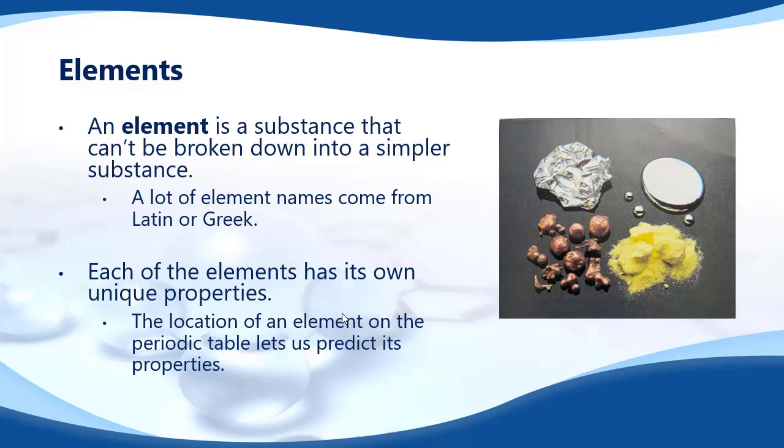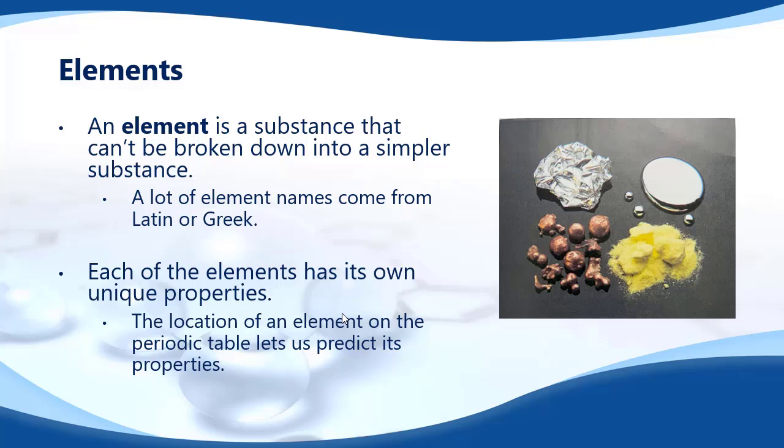So I can say, for example, if I know that lithium is a soft silver metal, and when I put it in water, it forms hydrogen gas, it fizzes and bubbles, I know that if I go further down the table to potassium, potassium is a much softer metal, it's still silver, and when I put it in water, it will explode. Right? This is all based on periodic trends, which is a unit we'll cover a little bit later. Okay, so these are elements.